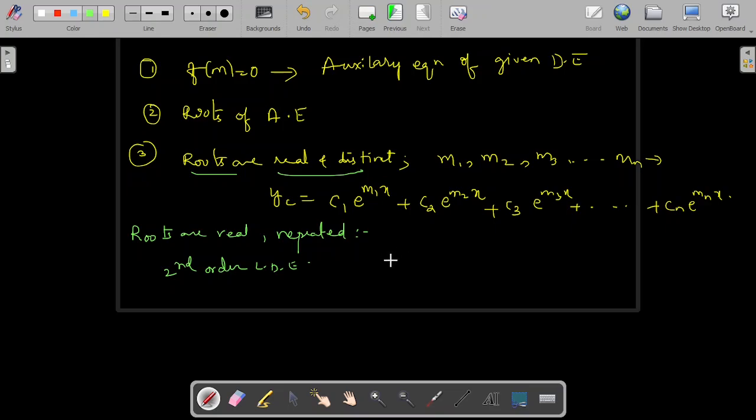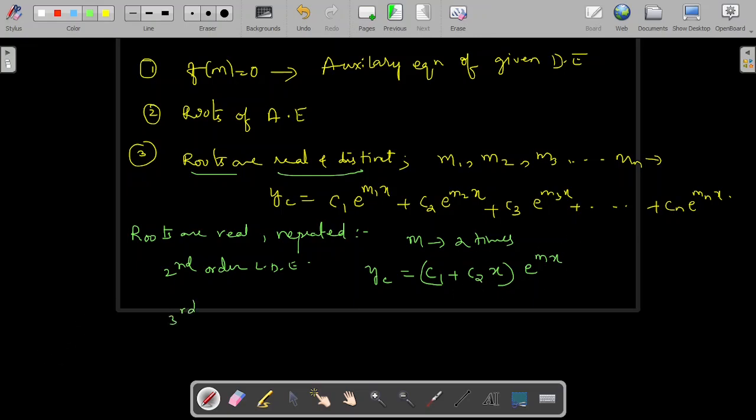It has 2 roots. Suppose both the roots are repeated, real and repeated. Suppose m is a root, repeated 2 times. So in that case, how to write the complementary function? See, (c1 plus c2 x) into e to the power mx. So if there is a repetition, you have to add this factor multiplied by e power mx.